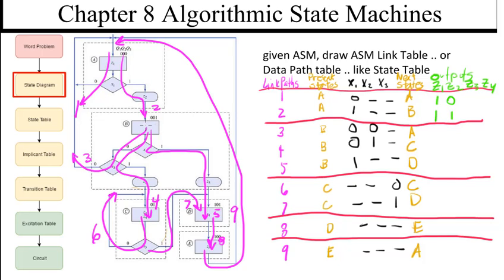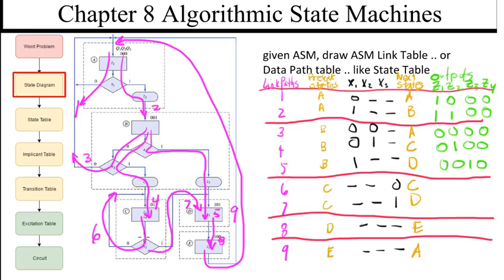Okay, state B, we set nothing. Nothing gets set here. There's no Mealy or Moore here. So link path 3, everything is a 0. These guys are zeros. In link path 4, we set Z2. Everything else is 0. In link path 5, we set Z3.